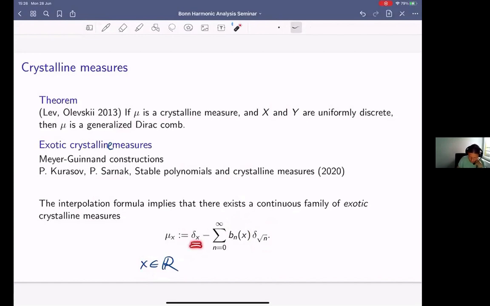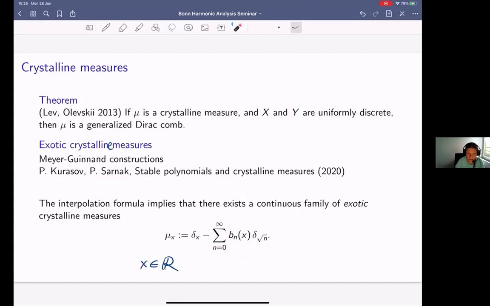Then this one delta function can be moving along the real line, and all other delta functions will stay where they are. However, their weights will be changing.